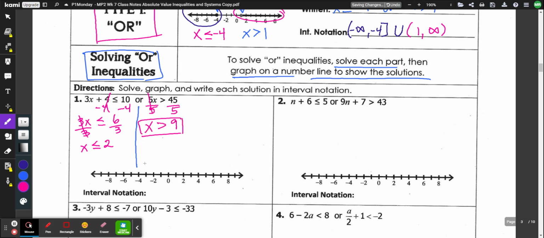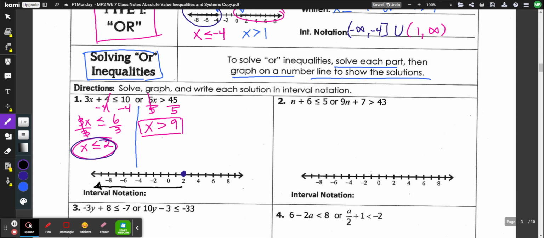So let's go ahead and graph these two. For this one, x is less than or equal to 2. So I've got 2, closed circle. And I'm going to make a little bit of a side note before I color in the graph, okay? x is less than or equal to 2, so that means it's going to be all of this guy together.